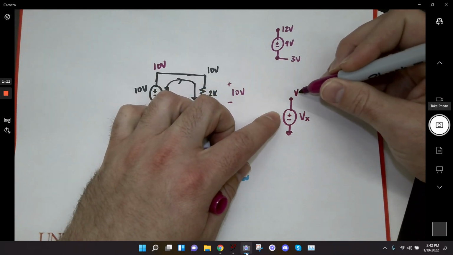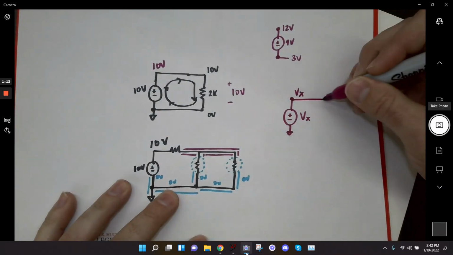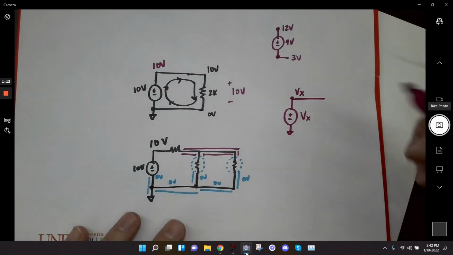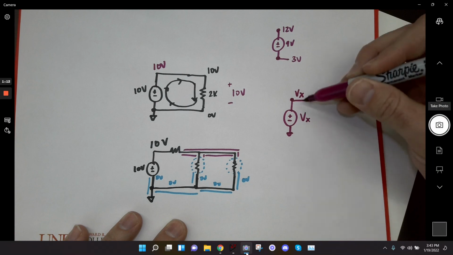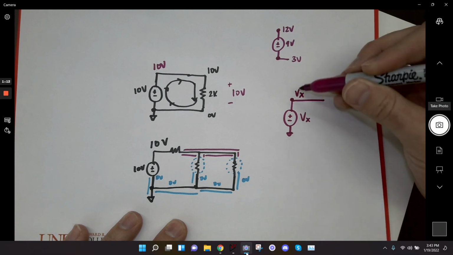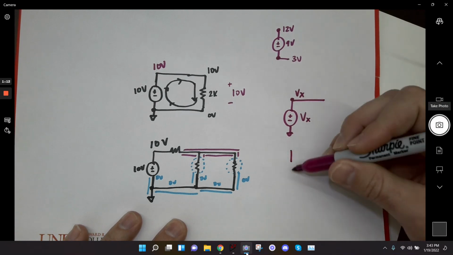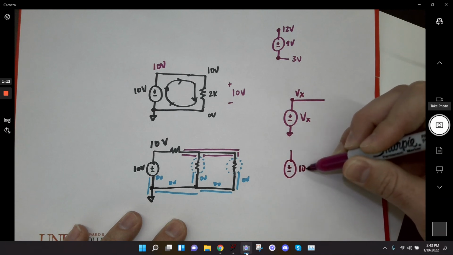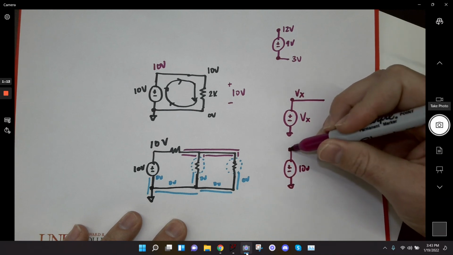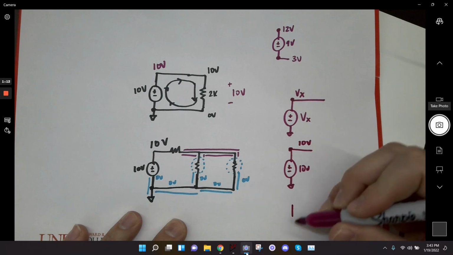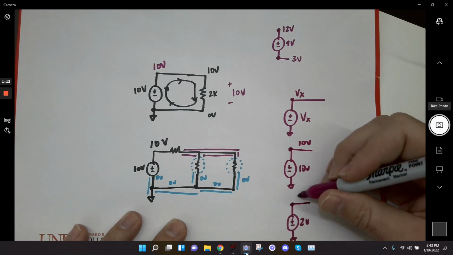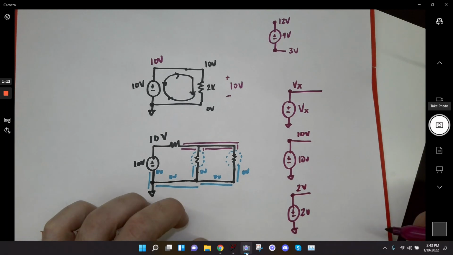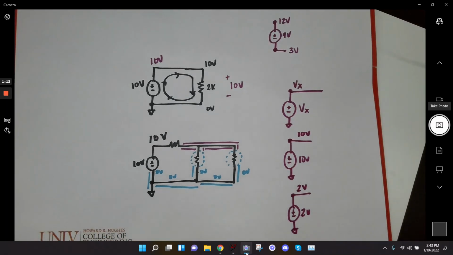The voltage up on this node will be Vx, because the battery voltage rating is telling you the voltage difference between these 2 points. If this is 0, this has to be Vx. So if it's a 10 volt battery and it's connected to ground, the voltage up here is 10 volts. If it's a 2 volt battery and this is connected to ground, the voltage up here is 2 volts. That's going to hold true forever.